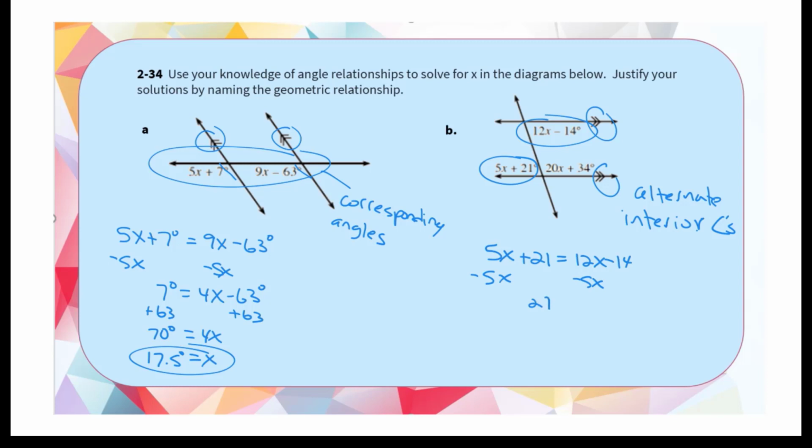And so I'm going to have 21 equals 7x minus 14. Then I'm going to add 14. And that will give me 7x equals 35. And when I divide by 7, x is going to equal 5. And that ends 2-34.